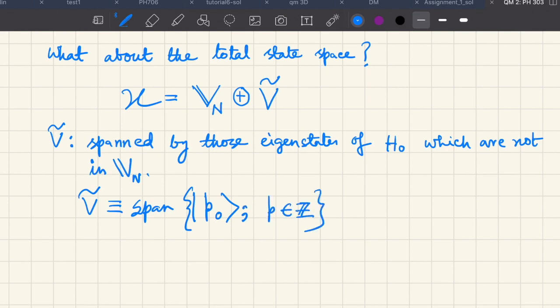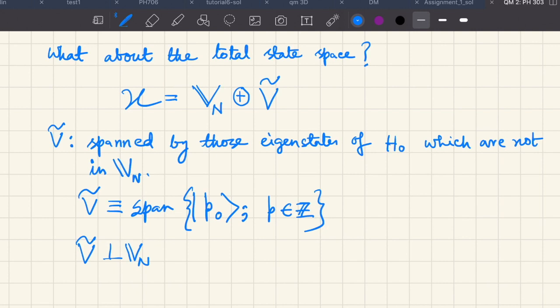So this is what you are dealing with, the full state space of the theory. And I have also commented that V tilde and Vn are orthogonal. That is another important property.